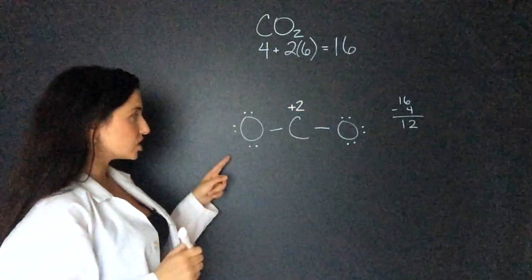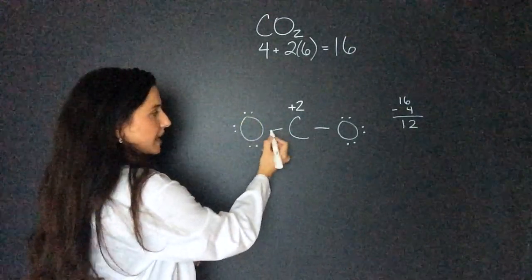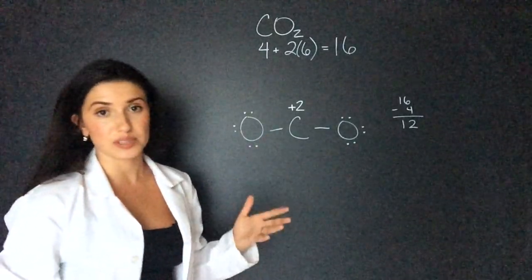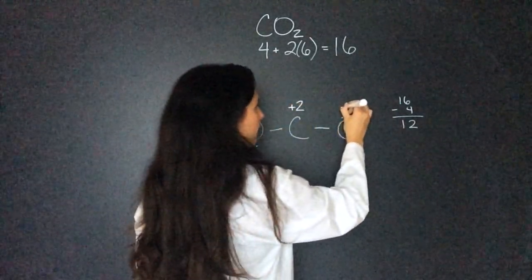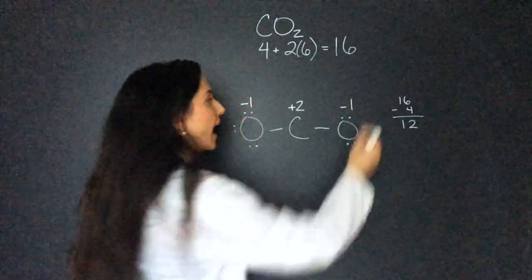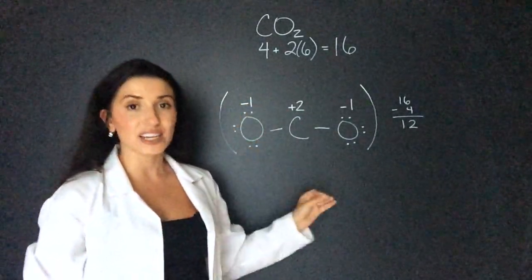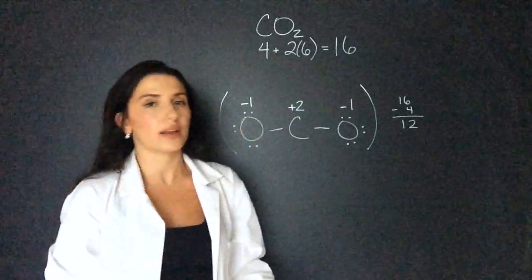Now, the oxygens have 1, 2, 3, 4, 5, 6, and then 7 from this bond, when it's only supposed to have 6. So that makes it a -1 and a -1. Now, this structure is actually neutral because +2, -1, -1 makes 0.